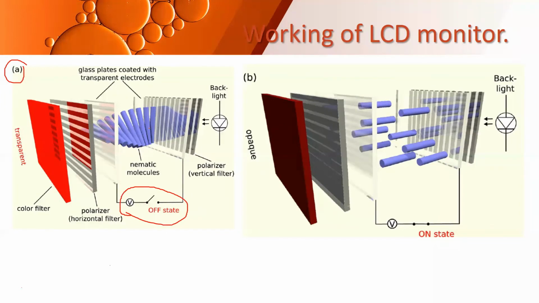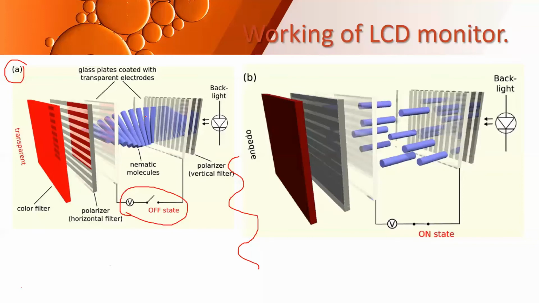You can see that these liquid crystal molecules get arranged in a helical fashion, just like DNA, somewhat in a twisted fashion, right? So you can see that the crystal which is just adjacent to this vertical polarizing plate will allow light to pass through, and it will bend the light a little.